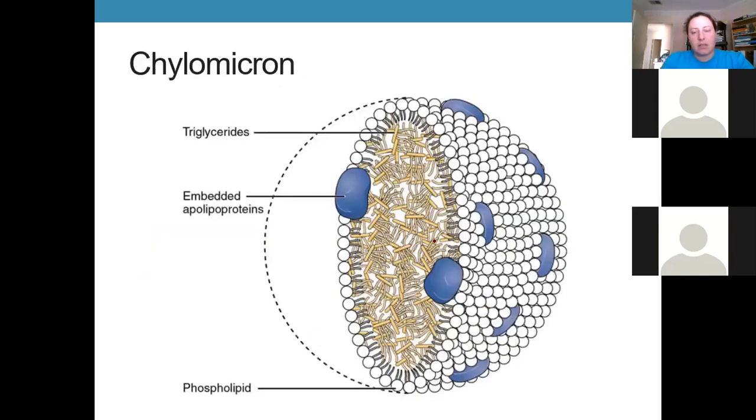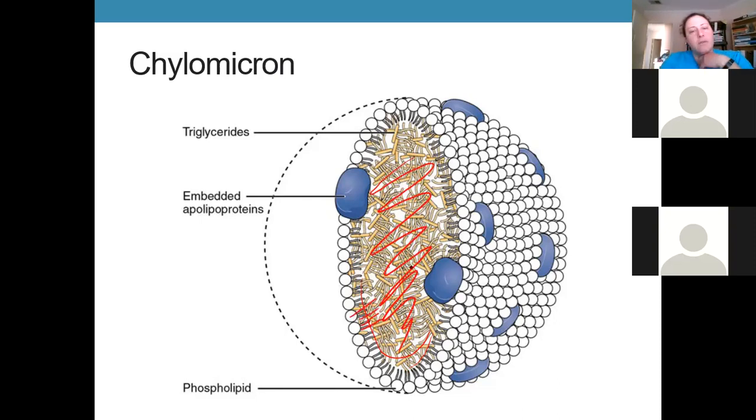So chylomicrons look a lot like micelles. They look a lot like anything with phospholipid membranes on the outside, but you'll notice, and you don't need to recall this, but just pointing it out, that this is a single layer phospholipid rather than a bilayer like in the membrane, and that's because everything in here is hydrophobic. So the tails can just hang out because it's all triglycerides and stuff.